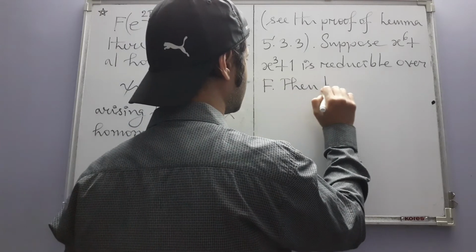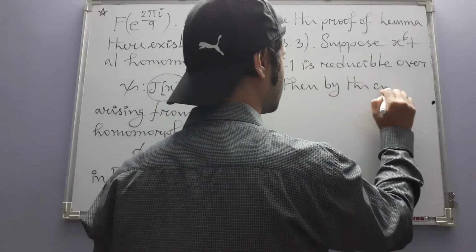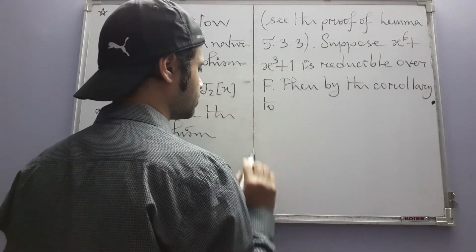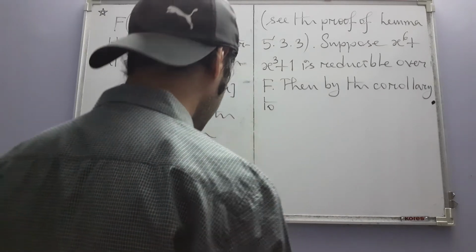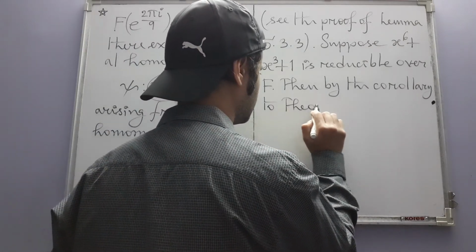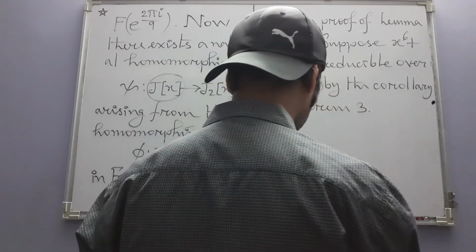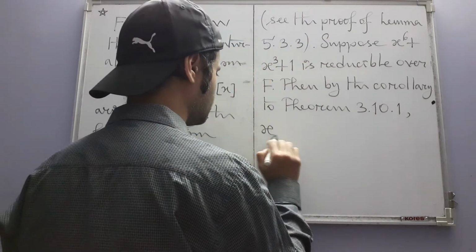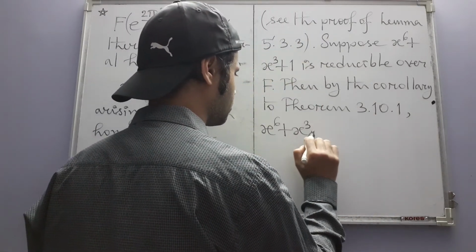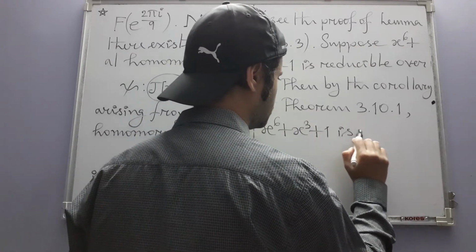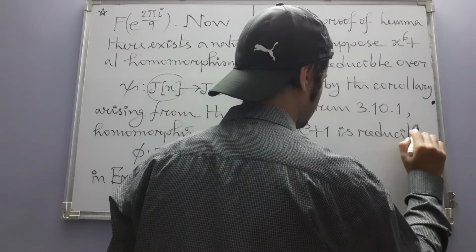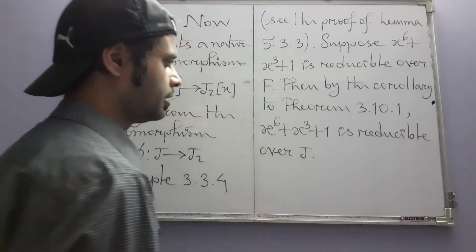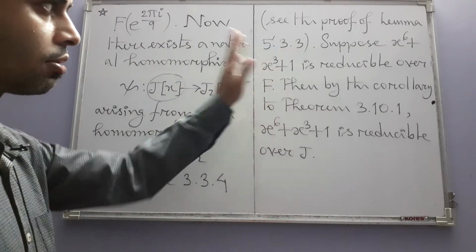Then by the corollary to Gauss' lemma, which is this theorem, again a result from ring theory, this is reducible over the ring of integers J. What does this corollary say?